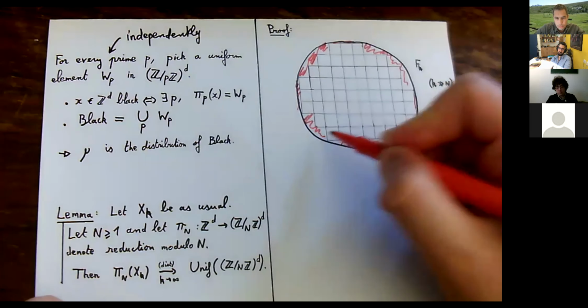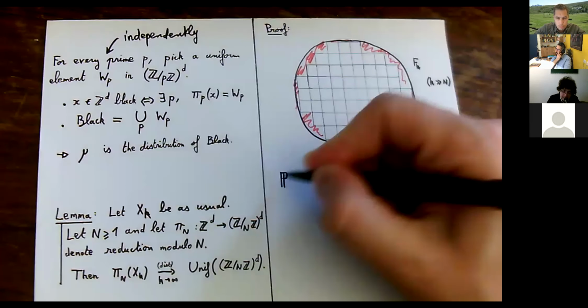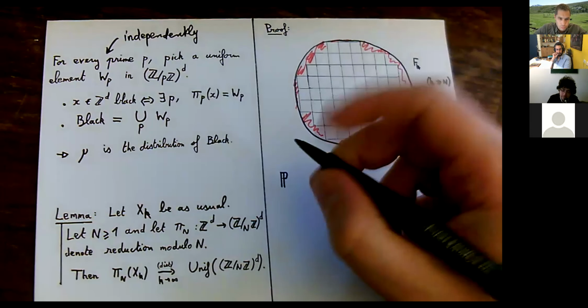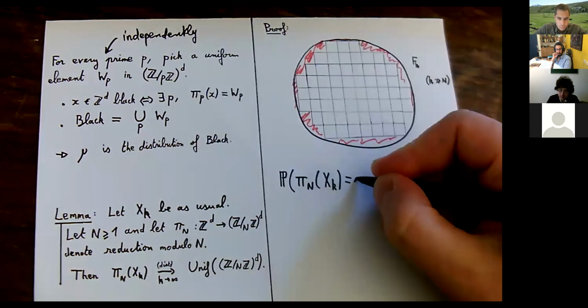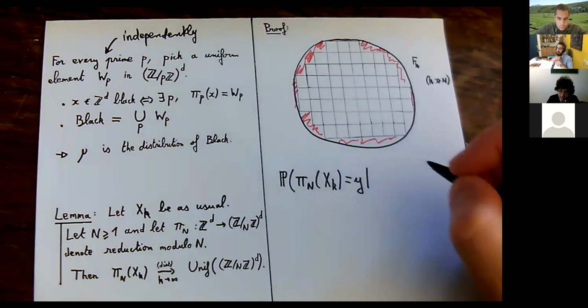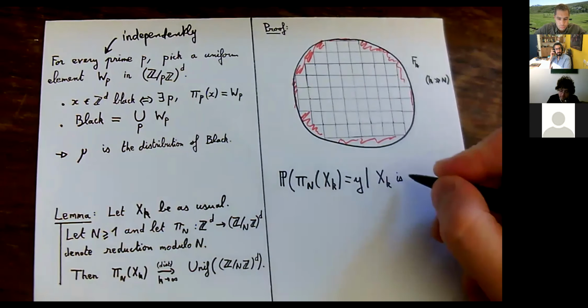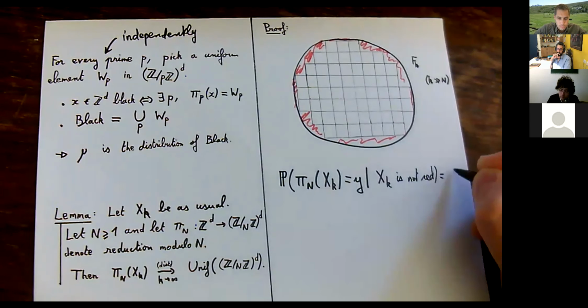And now what we can observe is that for any y in Z mod n Z, the probability that pi n xk is equal to some fixed y, given that xk is not red, this is exactly 1 over n to the d.